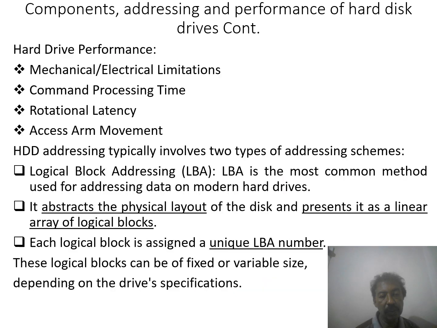Next we will go through hard drive performance. The first point is mechanical or electrical limitations. Actually, performance is affected by seek time, then command processing time, then rotational latency, and access on boot.